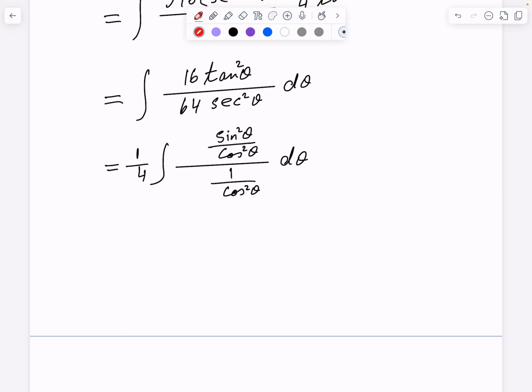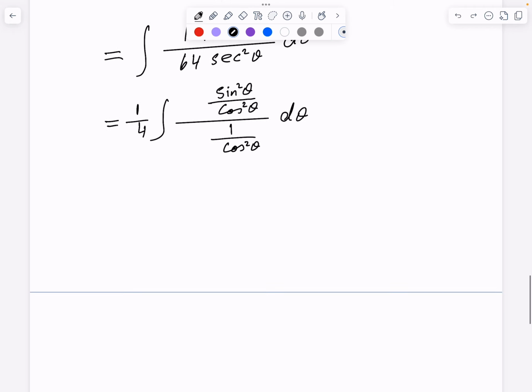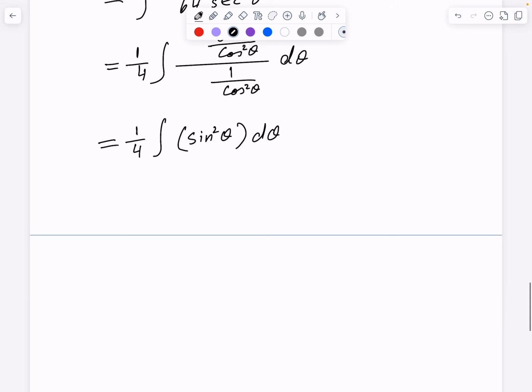Therefore, we're going to cancel cosine squared with cosine squared, which yields 1/4 integral of sine squared theta d theta.